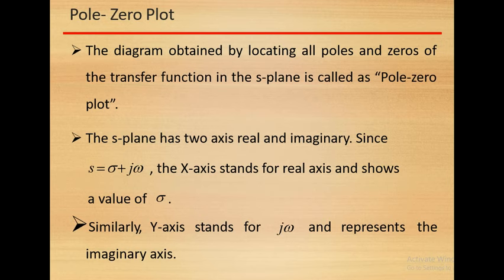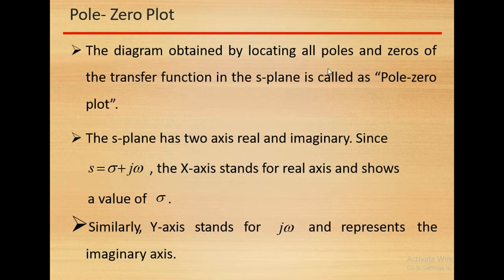If you see the pole zero plot, the diagram obtained by locating all poles and zeros of a transfer function in the S plane is called a pole zero plot.